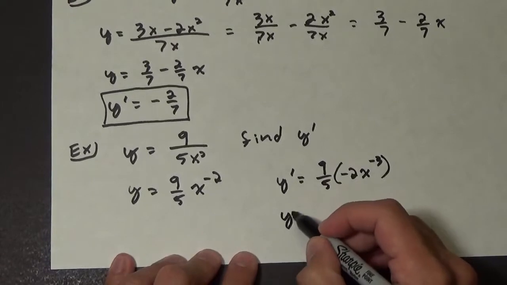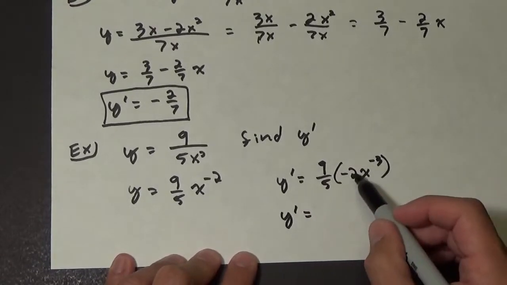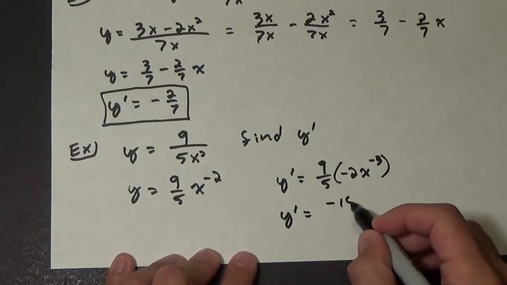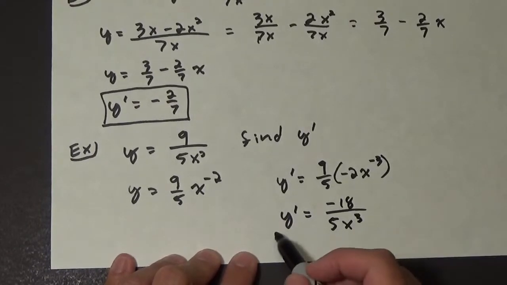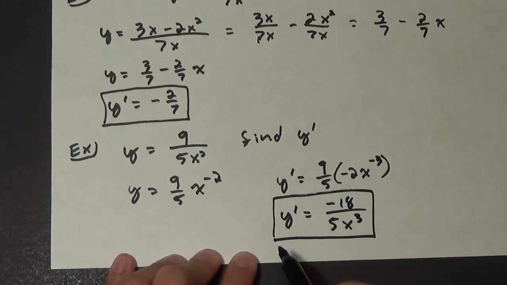So our derivative ends up being negative 2 times 9, which is negative 18, all over 5x cubed. See, not so bad.